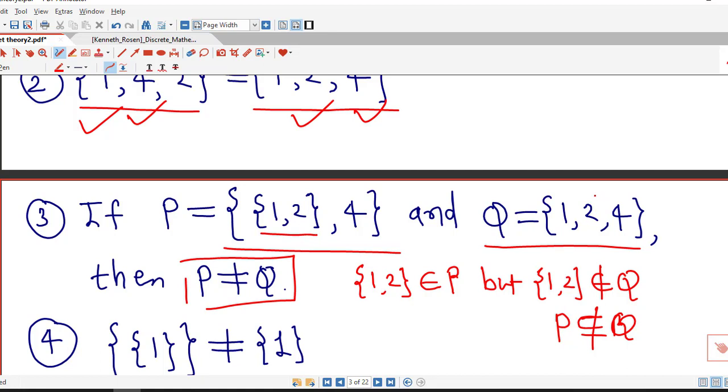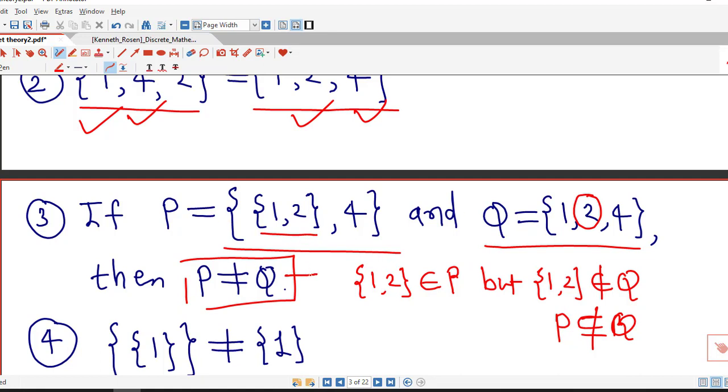Or we can see that here 2 is present in Q, but 2 is not present in P. So Q is also not a subset of P. Therefore P and Q are not equal.